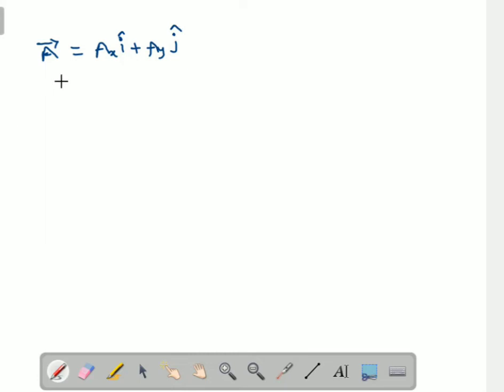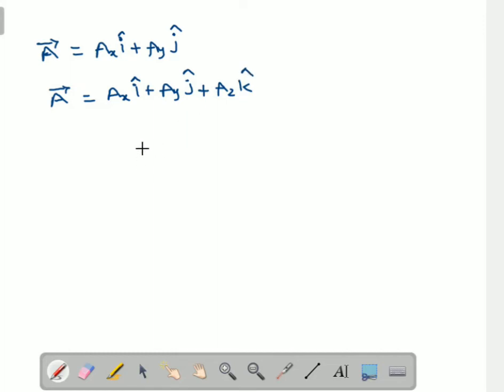This we have already seen in terms of v. Now I am taking the same vector A. If I want to resolve it into three components, we can write ax i cap and ay j cap. The third component we write in a similar way, az into k cap.